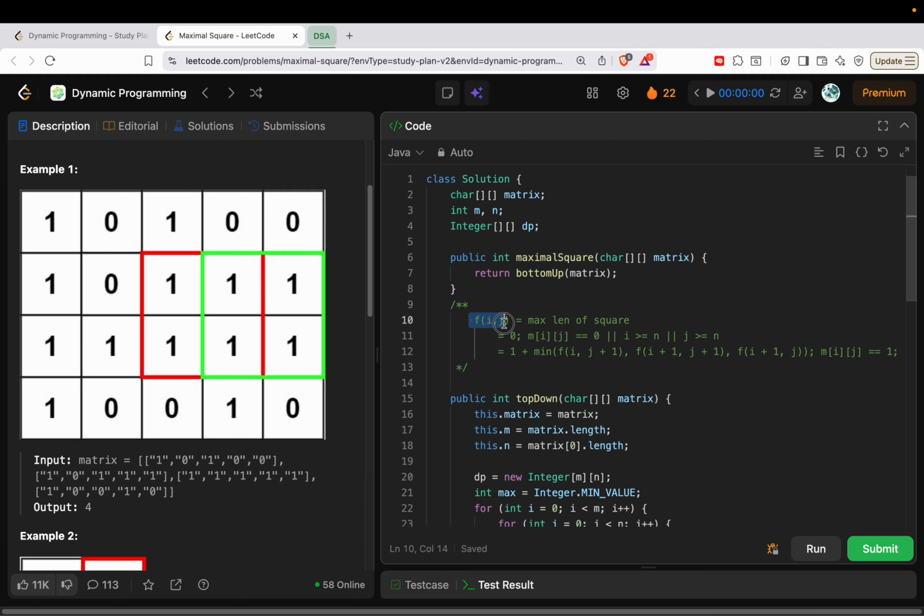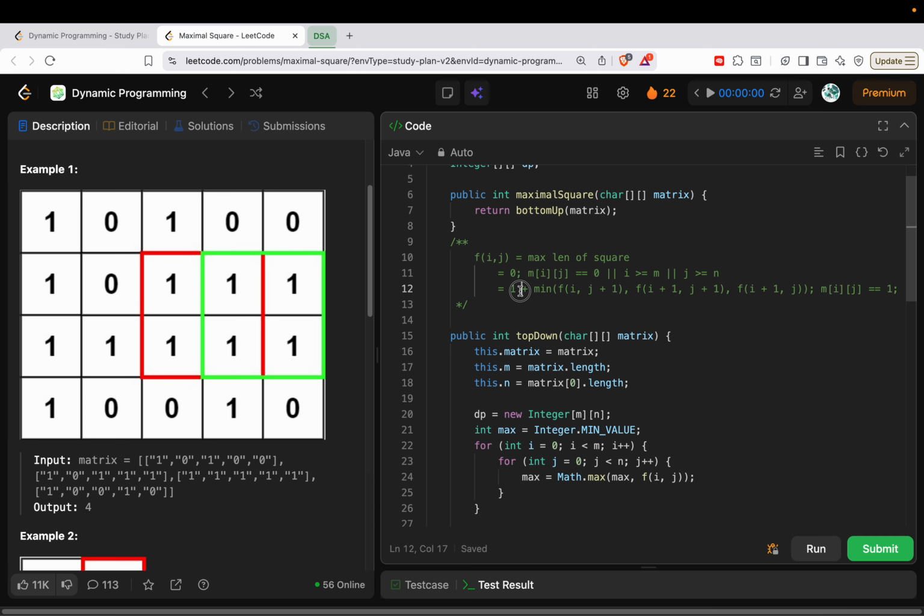So we will define a state as f of i comma j, which will tell me the maximum length of a square you can form keeping this i comma j as the top left corner of my square. If the current value is 0, or if we are exceeding the boundaries, that means I cannot form a square, so I will return 0 as the length.